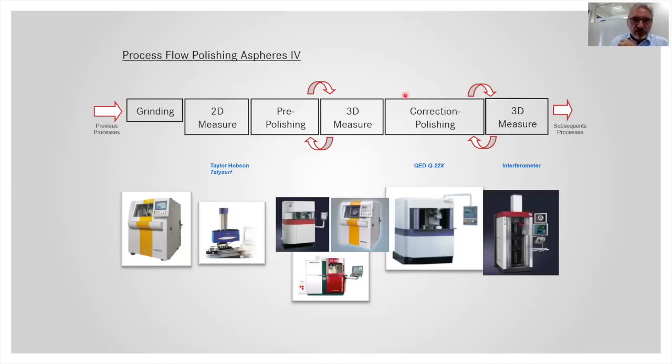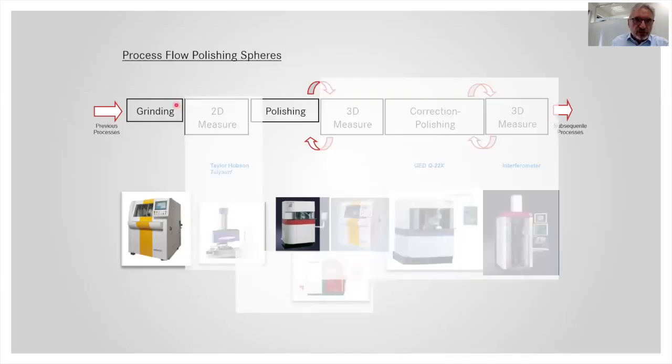All these steps an aspheric polishing lens has to follow. In comparison, the workflow for spheres is only grinding and polishing, and of course measuring, but these two steps are only necessary for spherical lens elements.